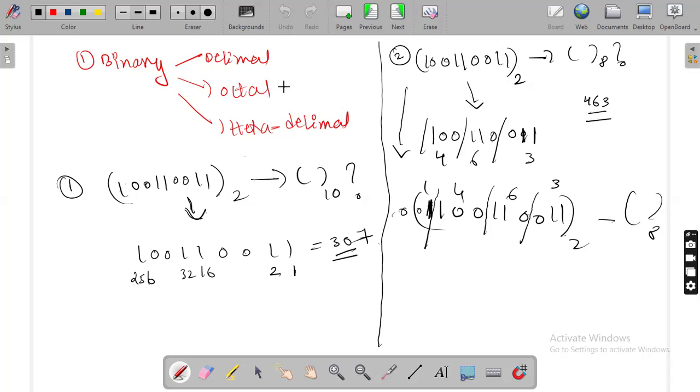But for this we require some more concepts. I already told, what is the format specifier for decimal? %d. For octal, %o. For hexadecimal, %x. These format specifiers are important. Now we will focus on decimal to other numbers.